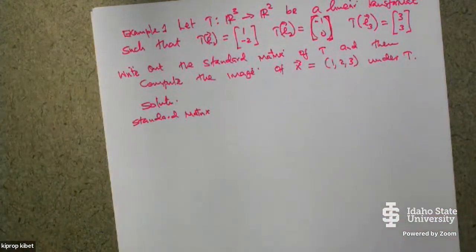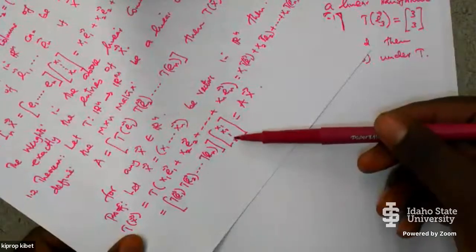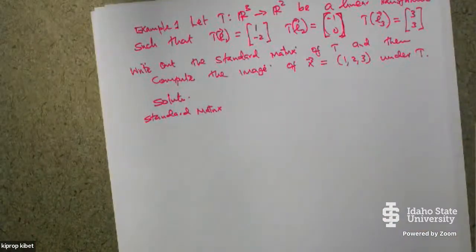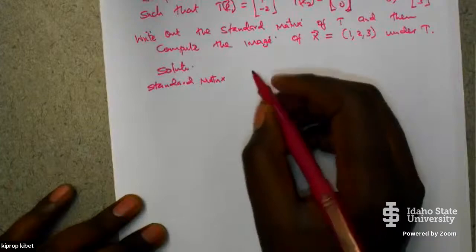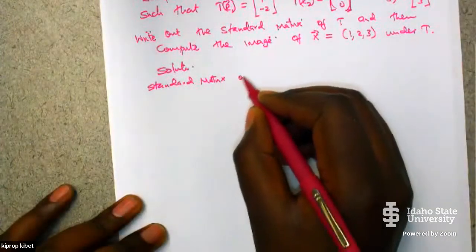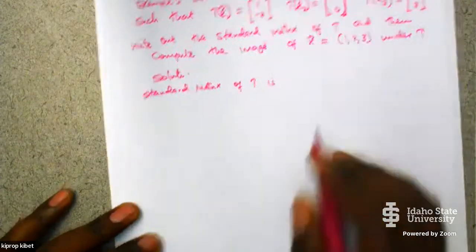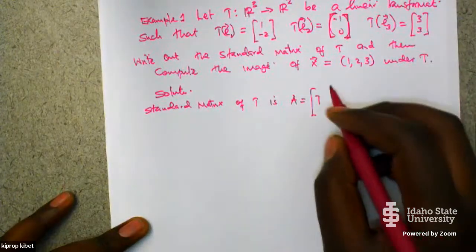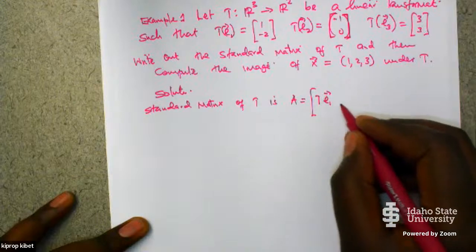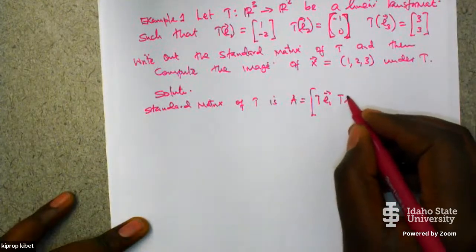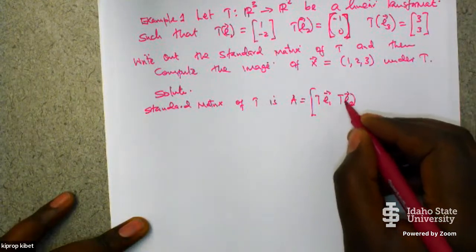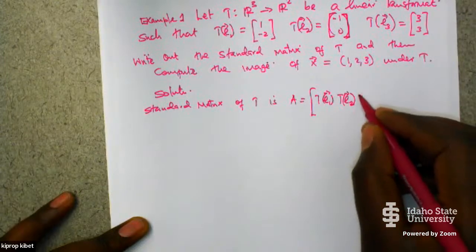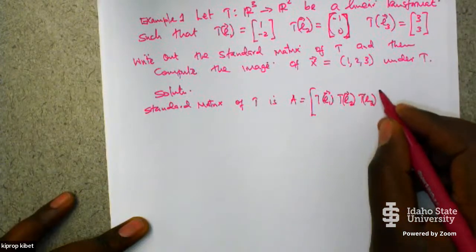Now, to get the standard matrix A, the standard matrix of T is equal to T E1, T E2, and then T E3.